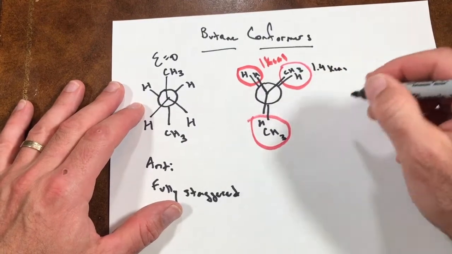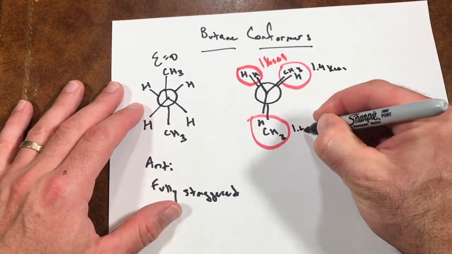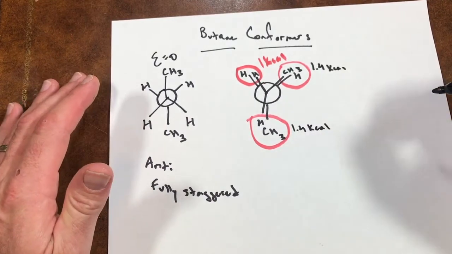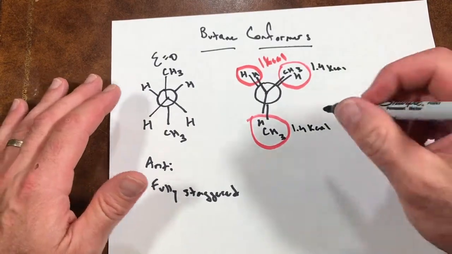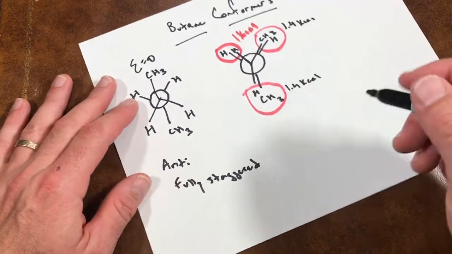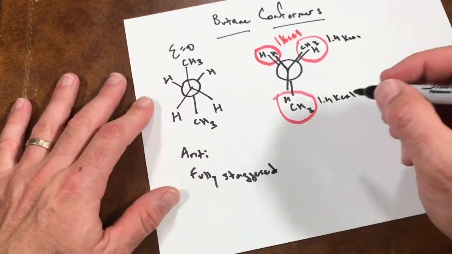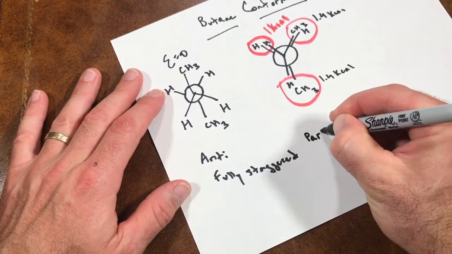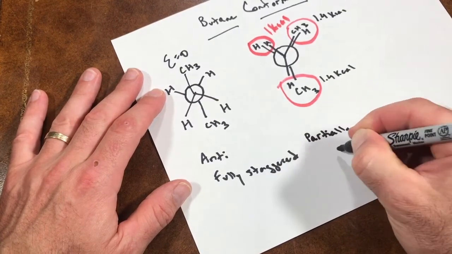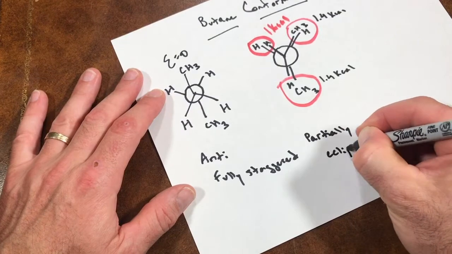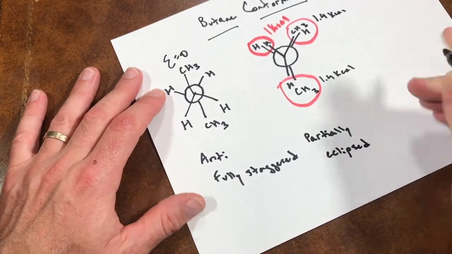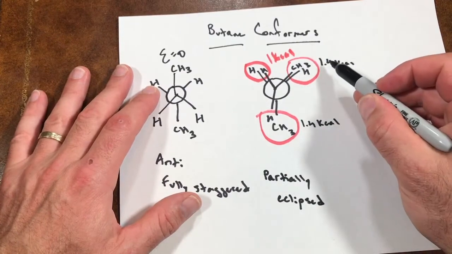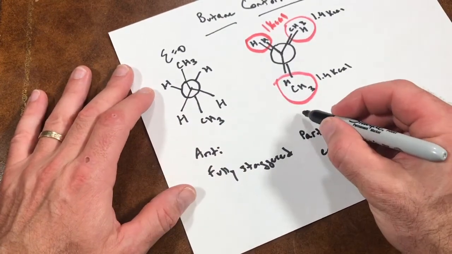So one of the things that you'll notice is that it's a pretty good amount worse of an interaction. So what we would do in this thing, which we're going to call partially eclipsed butane, if we add all of these up, we end up with a total energetic difference.